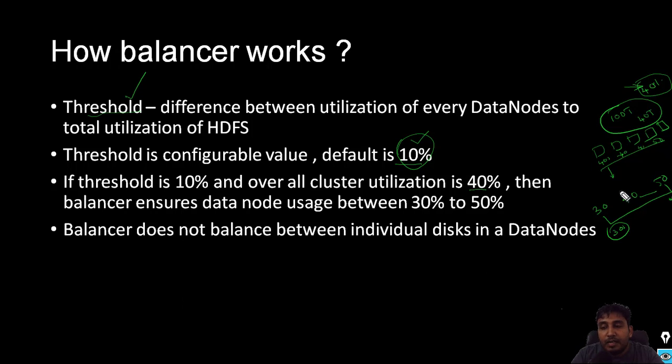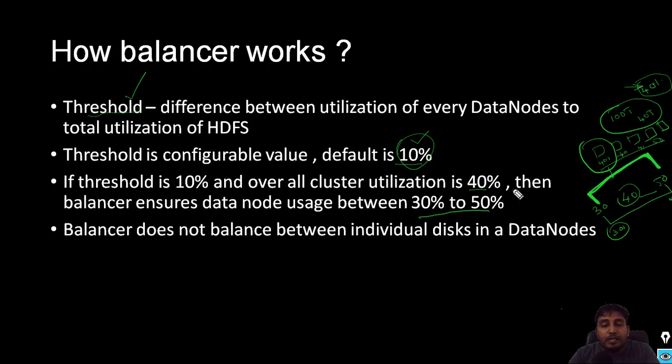We are not telling it to use exactly 40%, but some value which is close to 40%. So there is an upper and lower limit, and that is the threshold value. From the overall usage, minus the threshold or plus the threshold, we get a range of values. Whatever is between the top and bottom, you can have that usage in each data node.